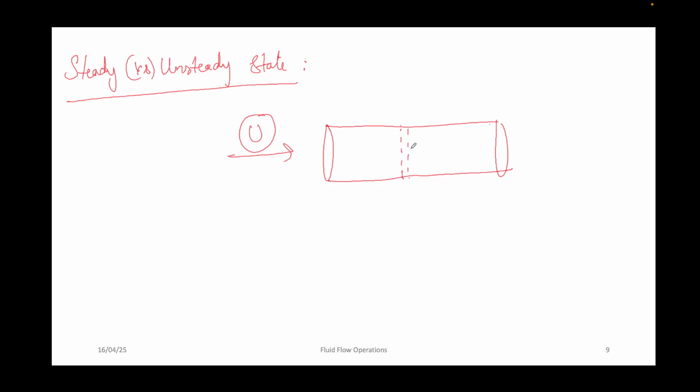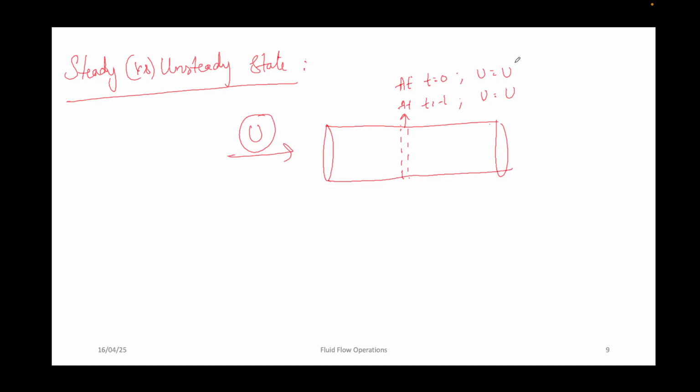At t equal to 0, velocity is U, and after t seconds, velocity is again U. Then you can consider this to be a steady state, because there is no change in the property of the fluid. Velocity is not changing and it is kept constant for the fluid.